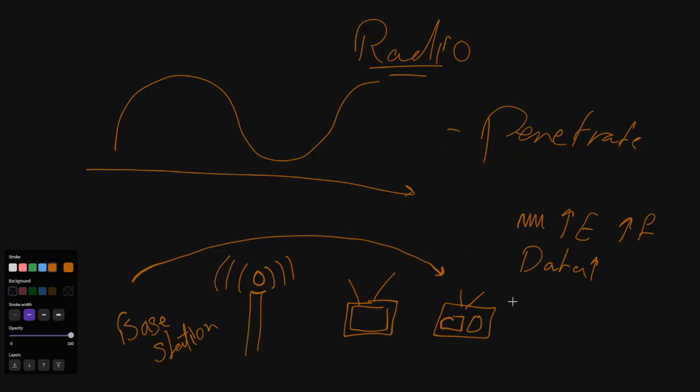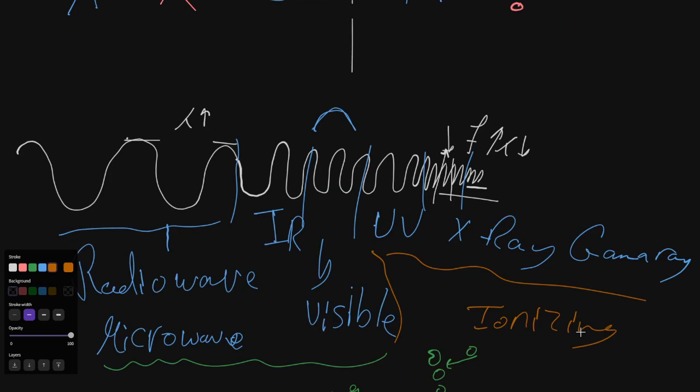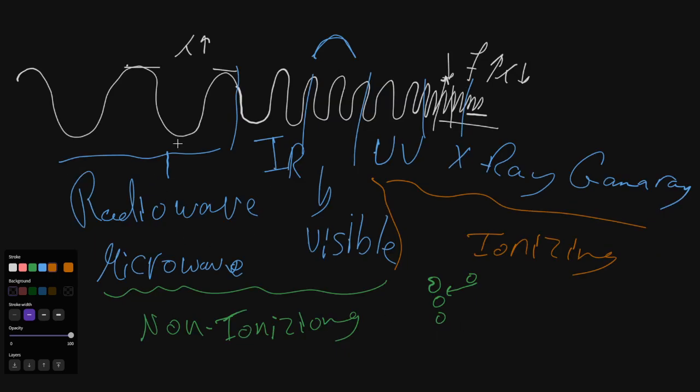It's good for audio, good for sending small messages, yeah, small messages. But what if we want something higher? So we come back to this spectrum. We see that next to the radio wave there is something even better, which is the microwave.